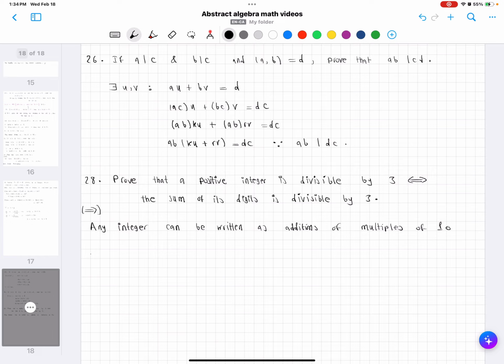So any integer can be written as 10 to the power of n multiplied by, let's call it a_n, plus 10 to the power of n minus 1 times a_(n-1) plus and so on, plus a naught.